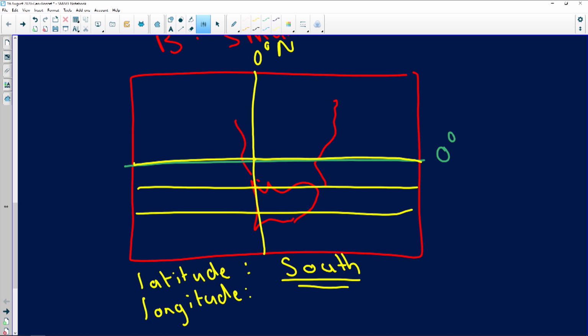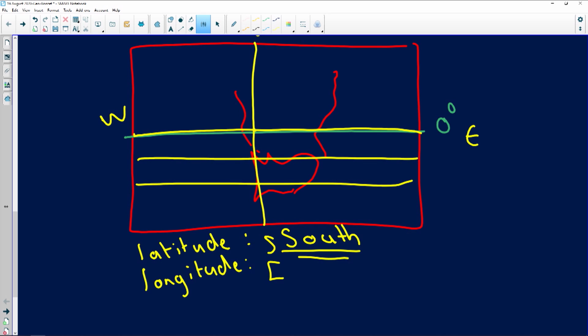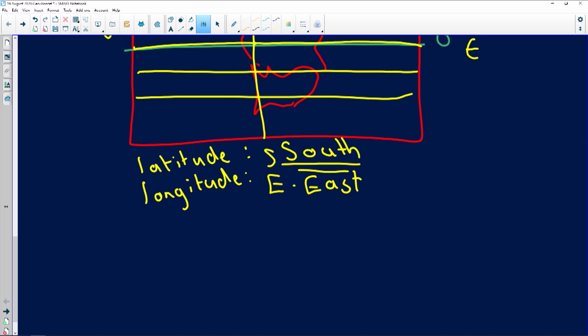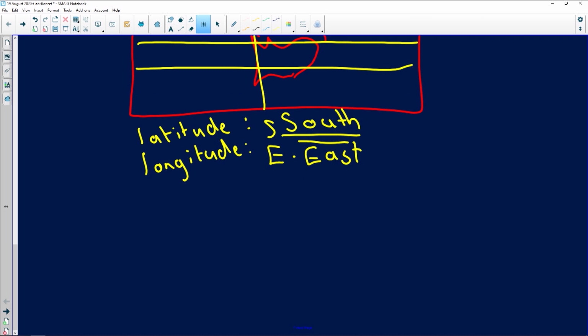There's north, east, south, west. We find ourselves east. So when we need to determine latitude and longitude, South Africa's latitudinal position is south of the equator and our longitudinal position is east of the Greenwich.